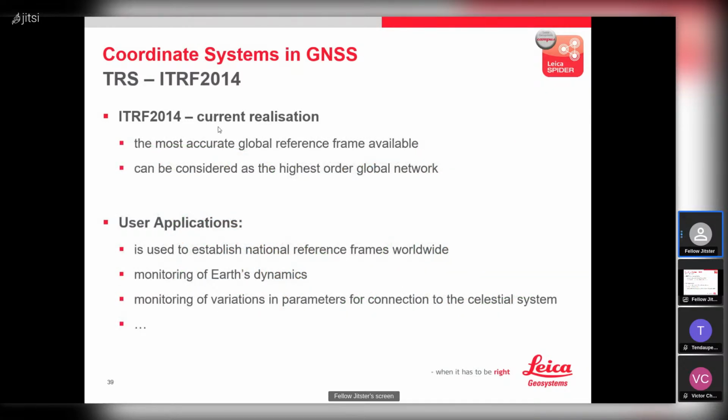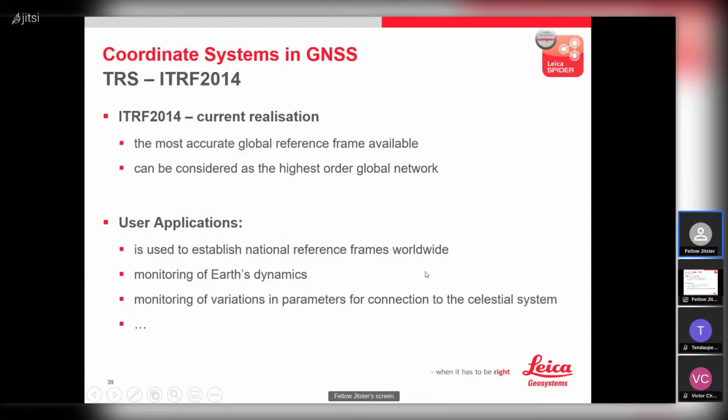So this is more or less the ITRF 2014, the current realization, and we use the IGS network for different purposes. Mostly this type of coordinate system is used for establishing national reference frames.